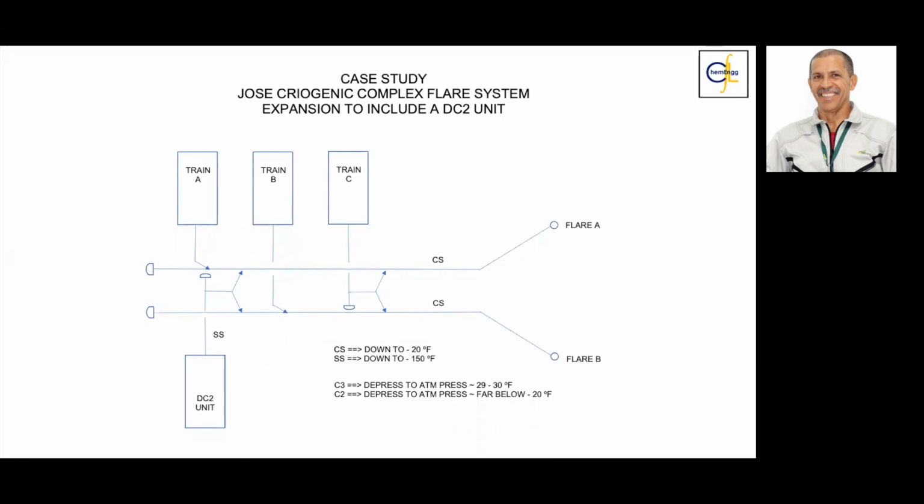If we see the material of construction, the material of construction of the ethanizer unit is mostly stainless steel. And the existing flare and the material of construction of these 3 trains is carbon steel, mainly carbon steel because we don't face lower temperatures.